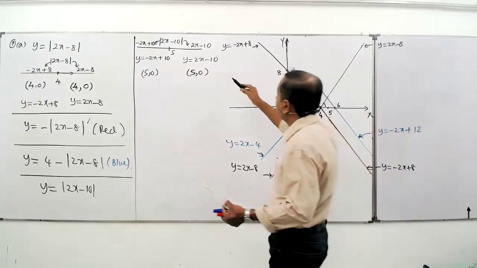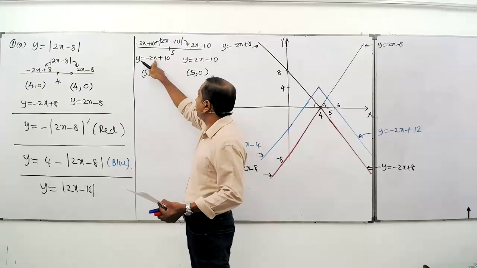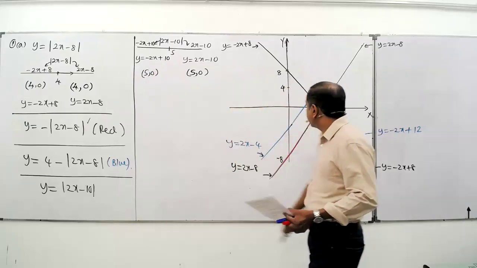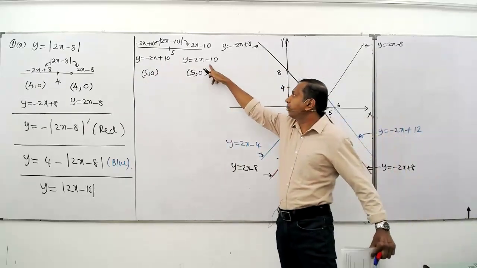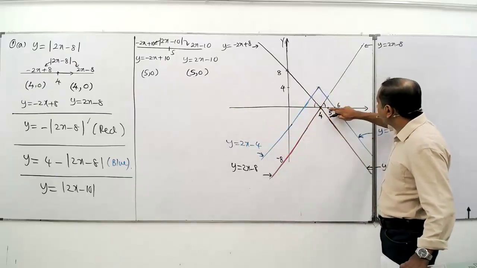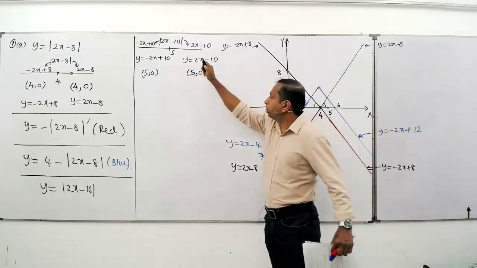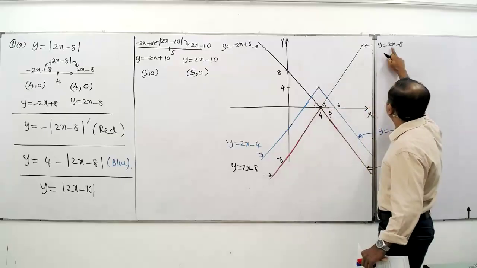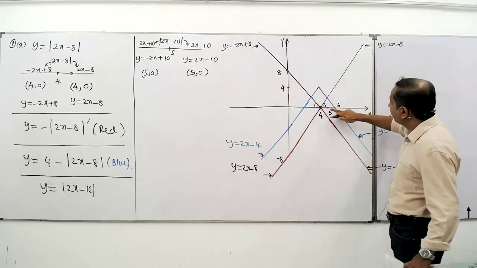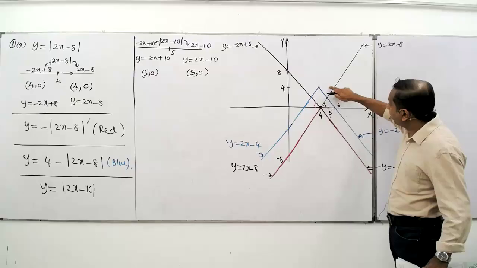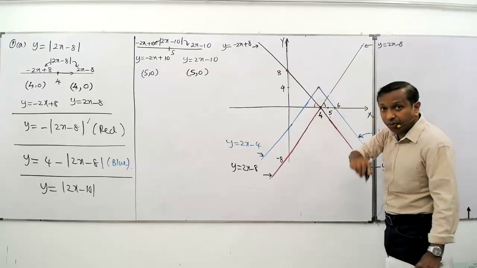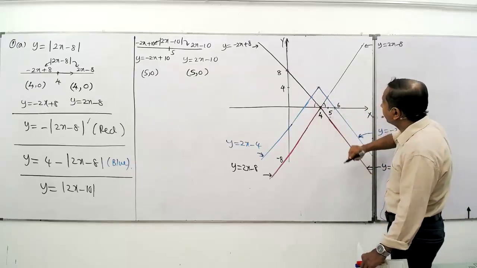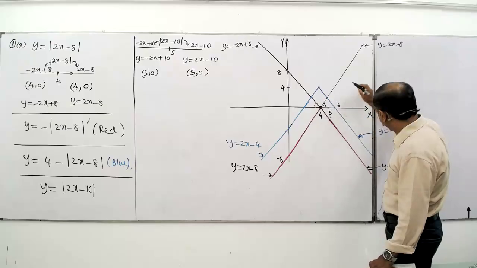Now here, 2x minus 10 and minus 2x plus 10, you have to know. You can very clearly understand our graph should start from here. Its gradient is 2. The gradient of this also is 2. Therefore, the line we are supposed to draw here should be parallel to this. That also is a very important one. This way.